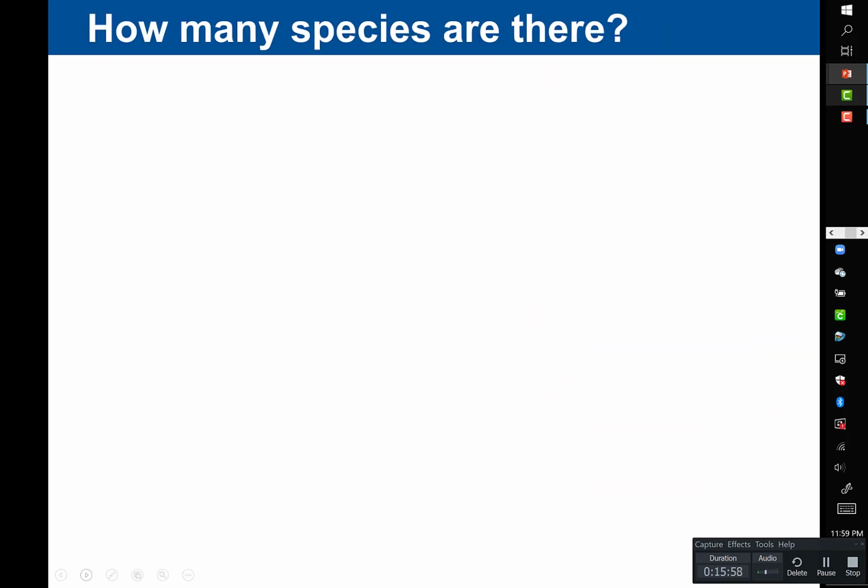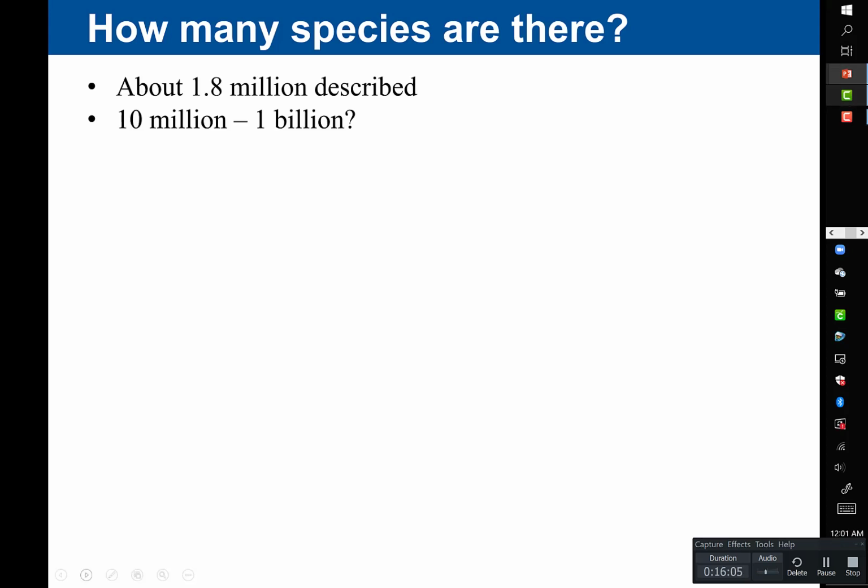So let's talk about how many species there are. There are currently approximately 1.8 million different species described. However, estimates suggest that it could be anywhere from 10 million to possibly a billion.